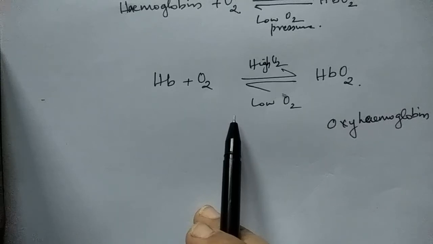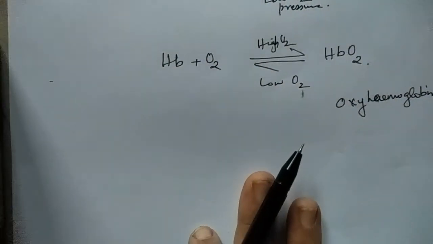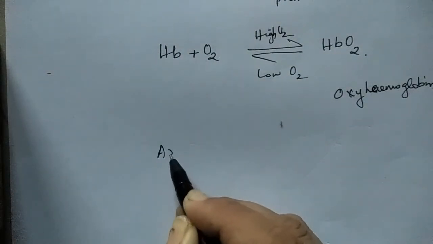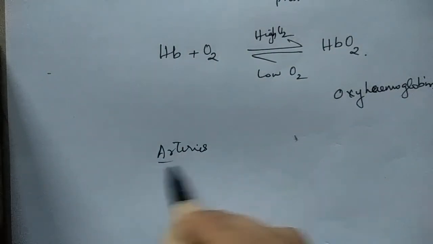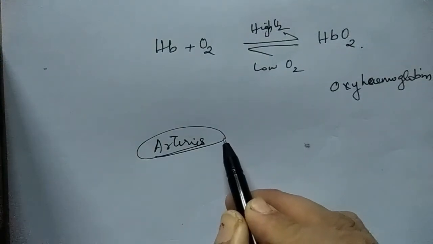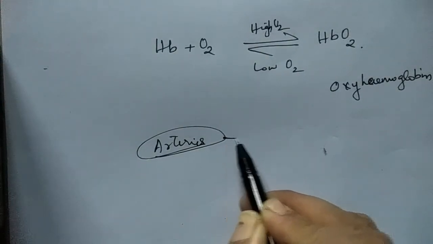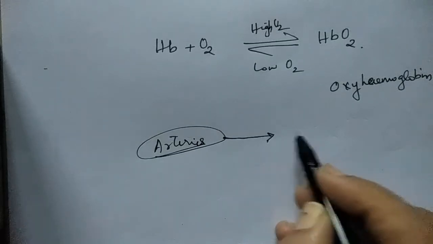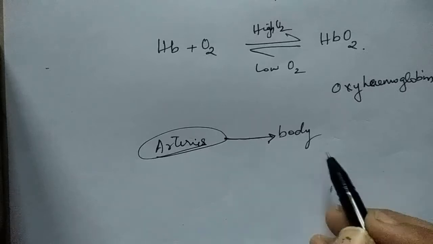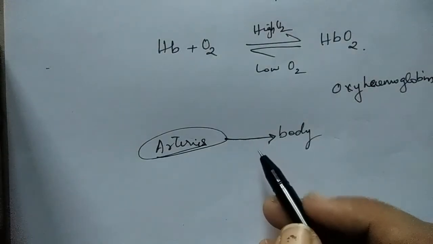Now we'll see a little more detail. We know that arteries will be having blood, and these arteries will carry blood to different parts of the body. So blood means it is hemoglobin.